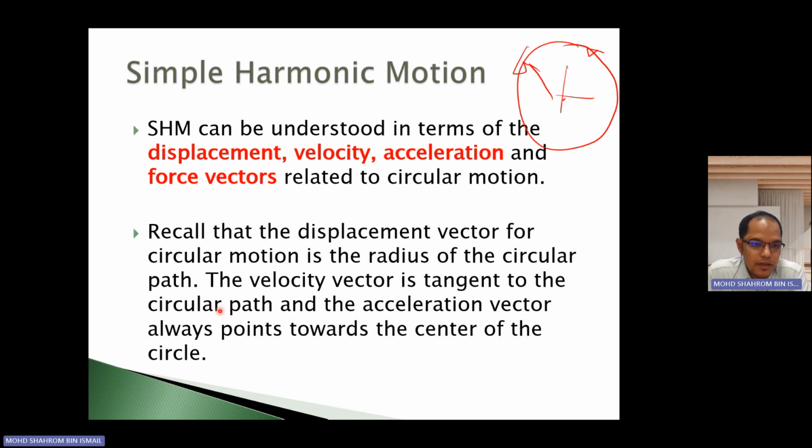The point here is to recall that the displacement vector for circular motion is the radius of the circular path. The velocity vector is tangent to the circular path, and the acceleration vector always points towards the center of the circle.